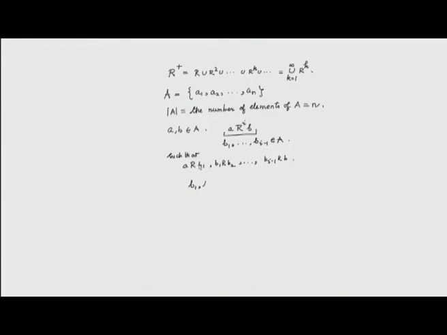So, I have essentially a sequence of elements b1, b2 up to b I minus 1, where there may be repetitions, and we may call it the sequence of interior points.